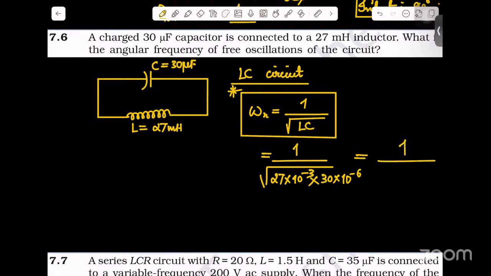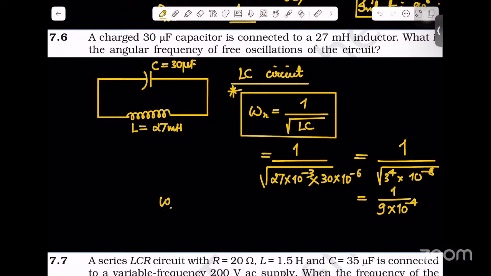So this will be 1 over square root of 3 to the power 4 into 10 raised to the power minus 8, right? So it will be 1 over 9 into 10 raised to the power 4.